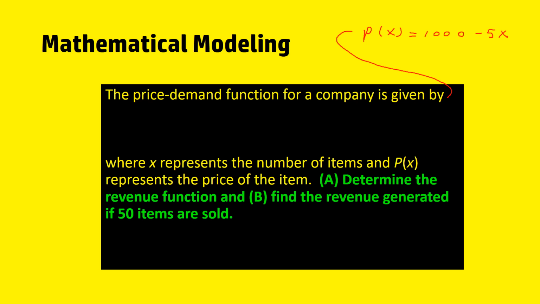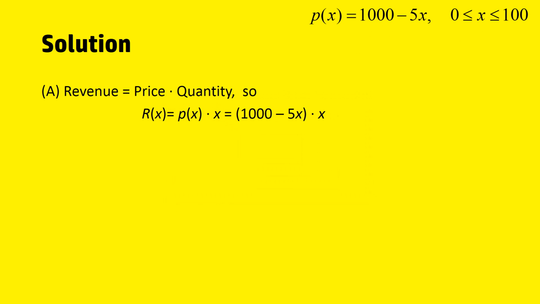So if x is 50, then what happens? There's our price function up here, and we have to think about what revenue is. Revenue is all the money that comes in sales, which is price times quantity.